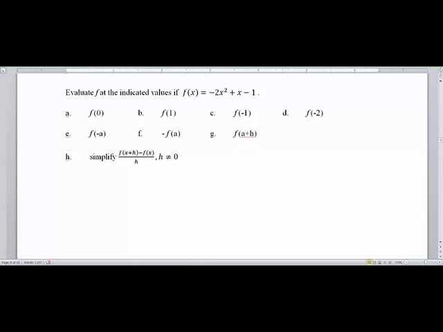In this video, we are going to take a look at doing some substitution with functions, and this exercise will get us used to some function notation, because what we're used to seeing, probably up to this point, is y equals.